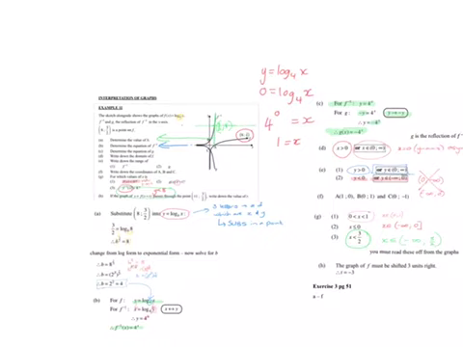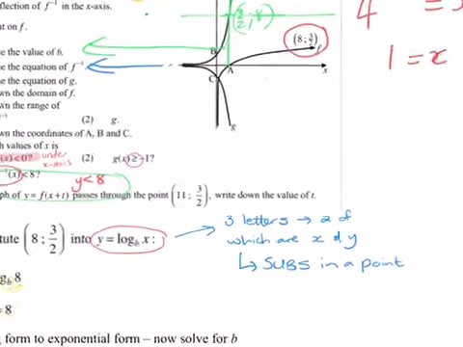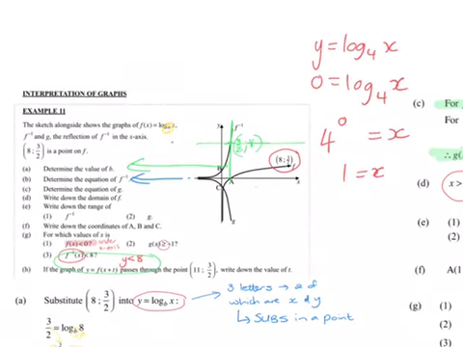Then for question H, the last one, if the graph of y equals f of x plus t passes through the point 11 and 3/2, write down the value of t. So let's just bring back some of the information. So here is our original graph, and they told us that we had this point 8 and 3/2.